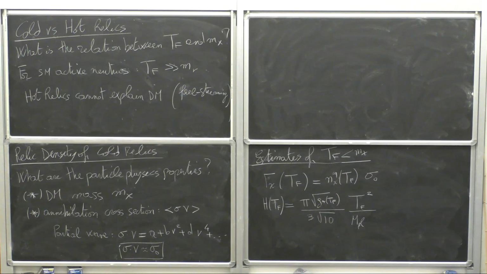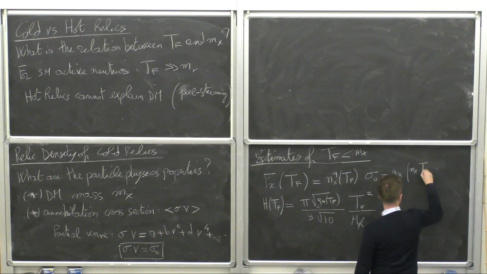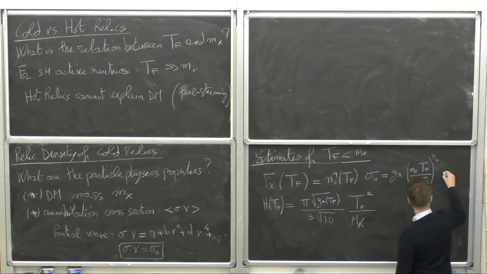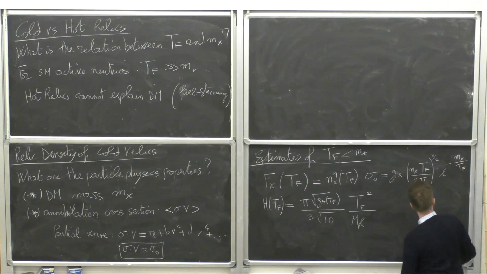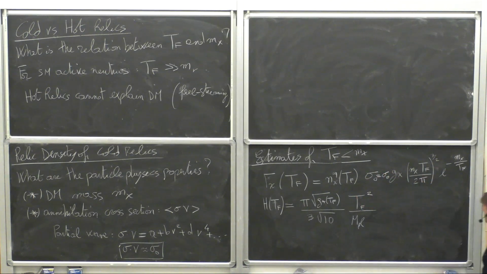So as an exercise, you can check and recover something that should be already familiar, which is this very famous result. Put the sigma 0 here, so it's sigma 0 times, what is this?